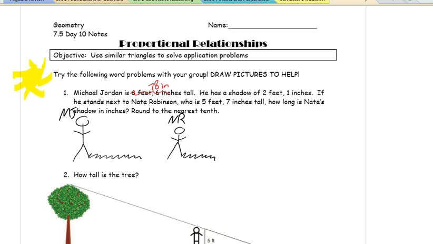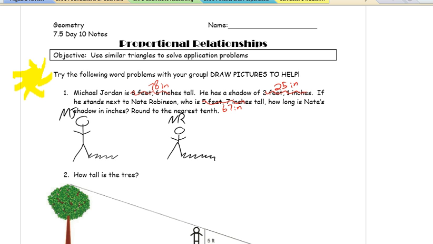He has a shadow of 2 feet 1 inches, so his shadow is actually pretty short. 2 times 12 is 24, plus 1 is 25 inches. If he stands next to Nate Robinson, who is 5 feet 7 inches tall, 5 times 12 is 60, plus 7 is 67 inches. How long is Nate's shadow in inches? Round to the nearest tenth.